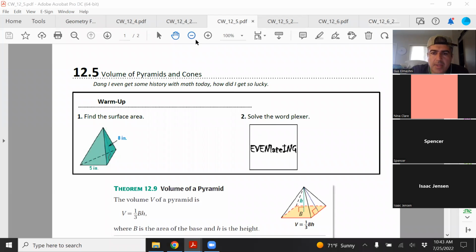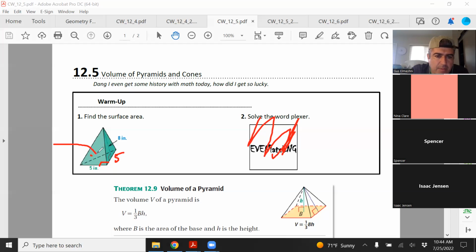Okay, so let's get going. Here again, you have to find the surface area, just as a warm up. This is a pyramid with 4 triangles, and this is going to be 5. I'm assuming that's a right angle. We probably should have been told that.